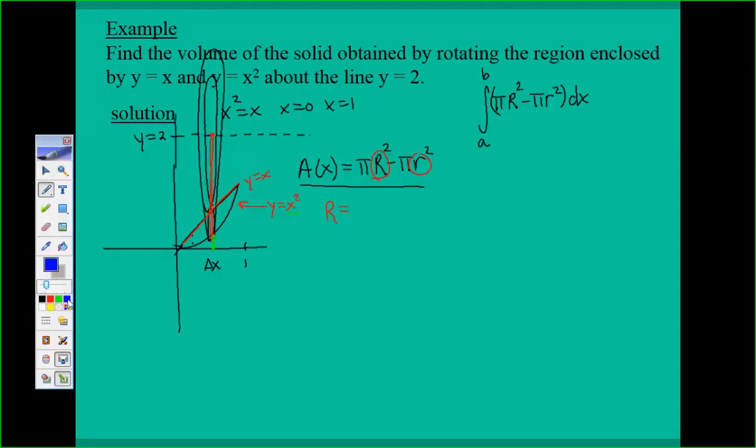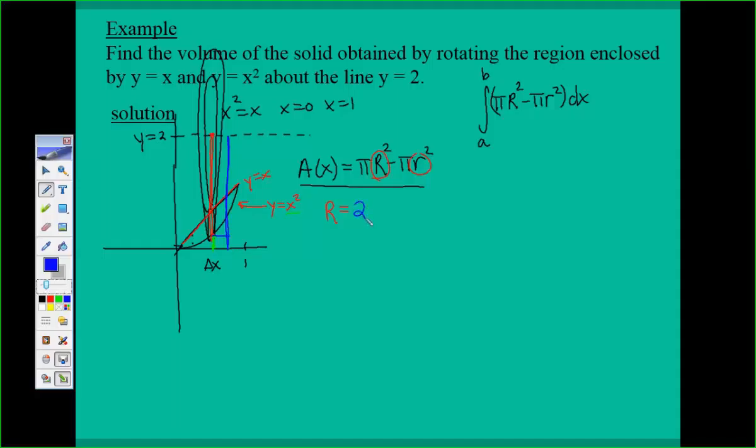We want this distance here. Let me put this in blue. We want this distance from the center of rotation minus this distance here. So the distance here is 2, always.